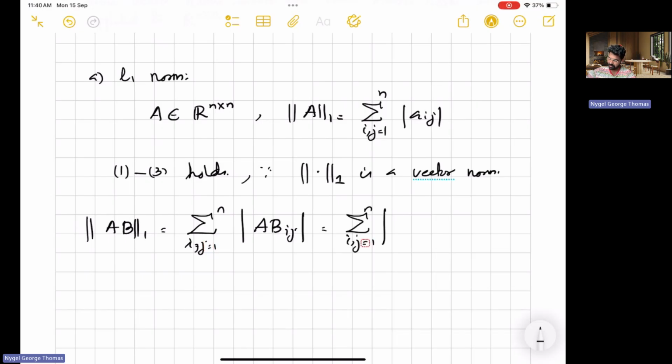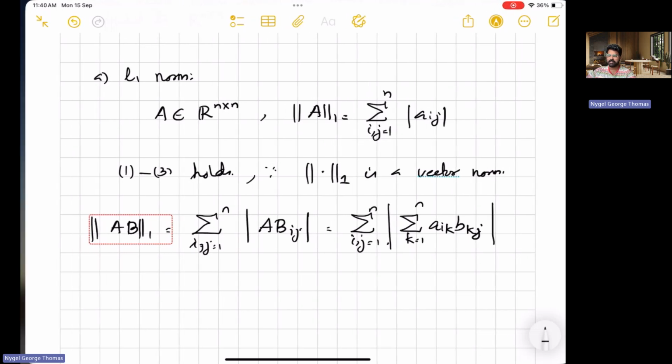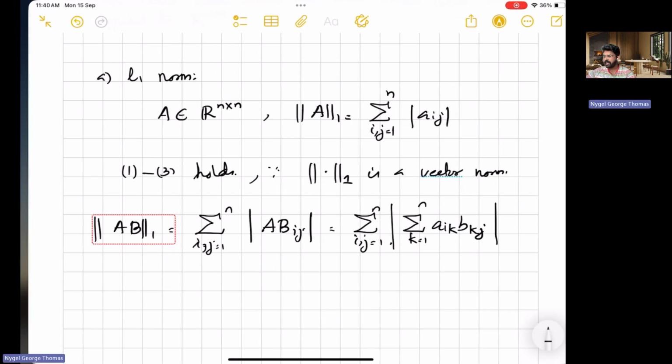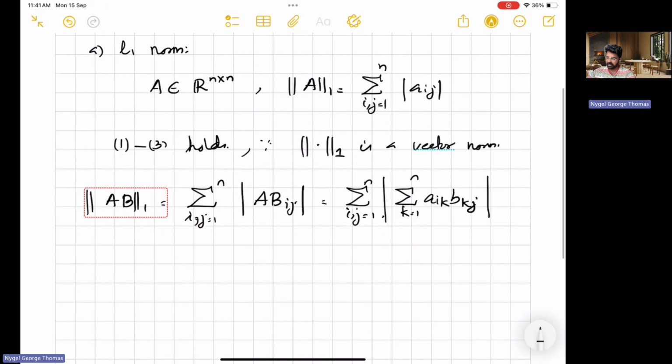This is how we write it: the sum over k equal to 1 to n of a_ik times b_kj. The ijth element of the matrix product is the dot product between the ith row and the jth column.